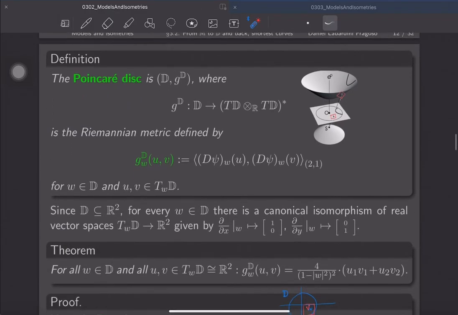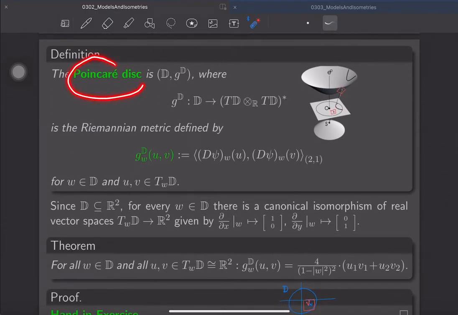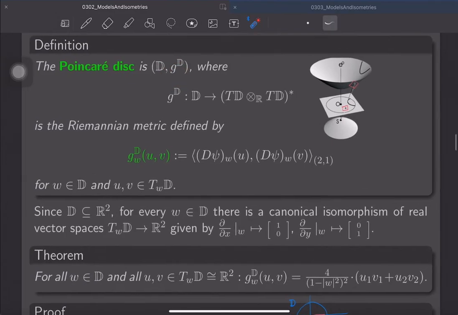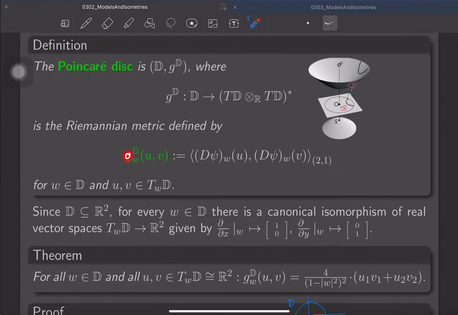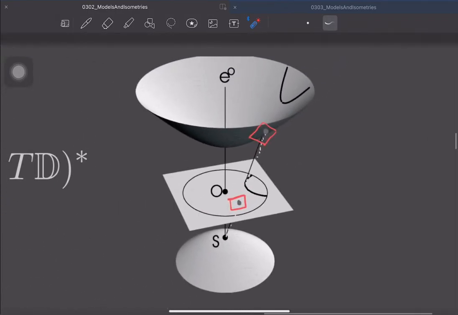And then I completed the definition of what the Poincare disk is, because it's not only the unit disk, it's the unit disk with a certain Riemannian metric, that is, with a certain inner product g_W for each point W of D. So at each point of D, one defines an inner product on the tangent plane to D at the point.